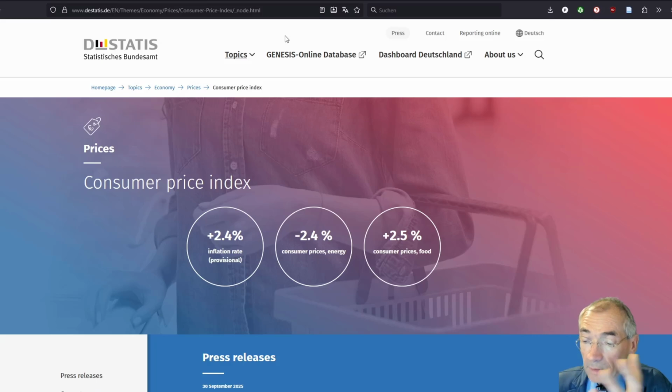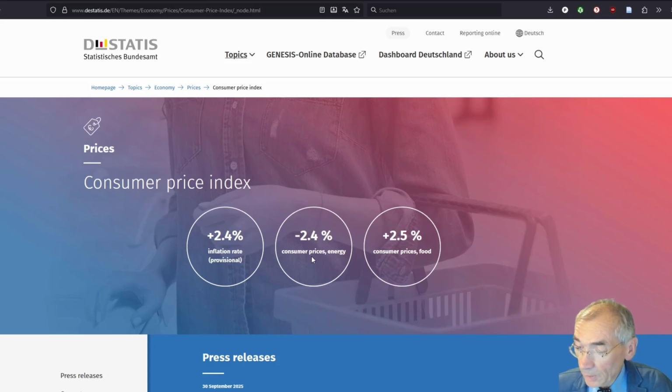And you will find a current number there, and this number is with a relatively high probability different from the one you see here. This is from the end of September. In fact, today is the 10th of October, 2025, and we have an inflation rate of 2.4%, where the consumer prices for energy are negative. We have a deflation there.